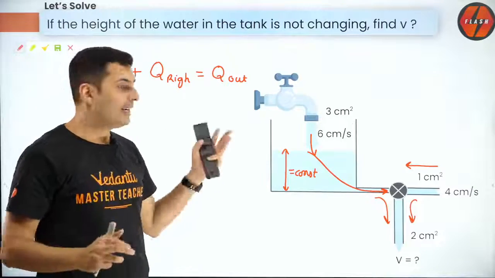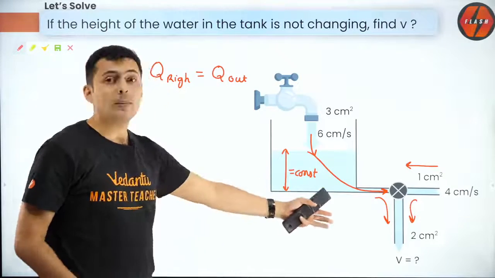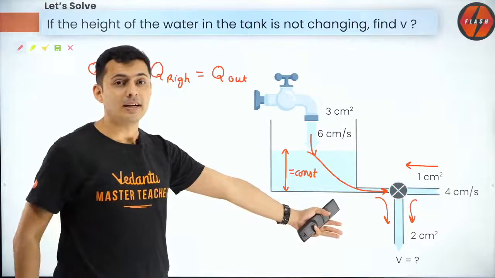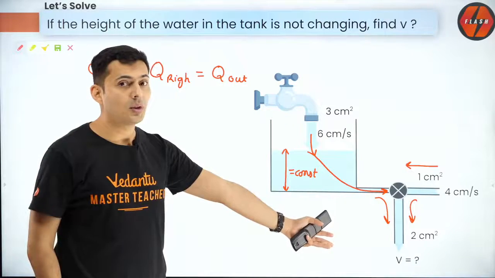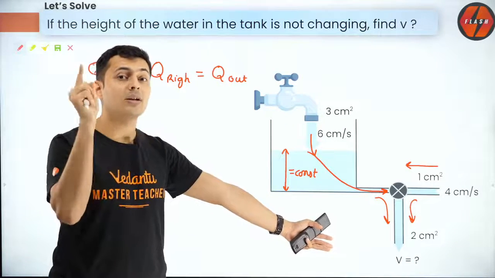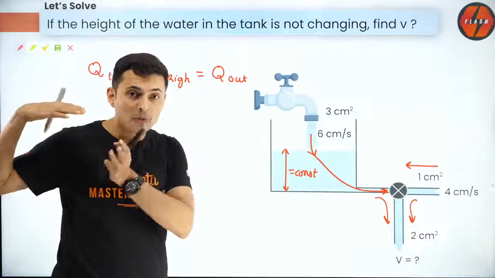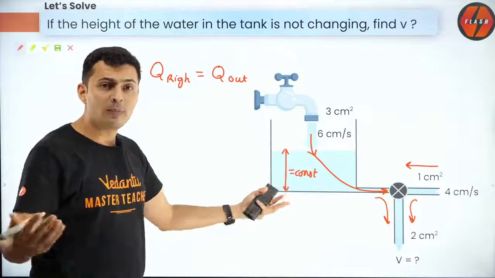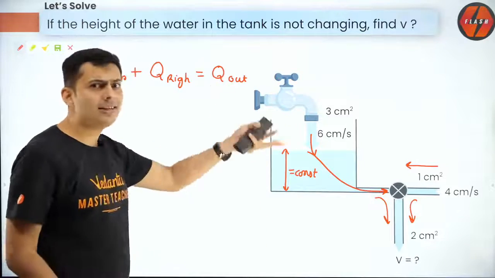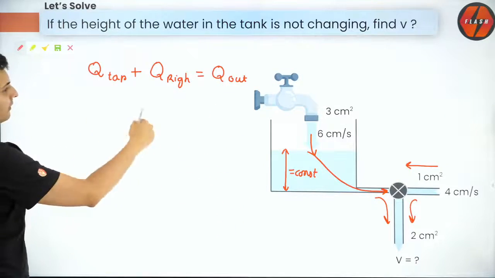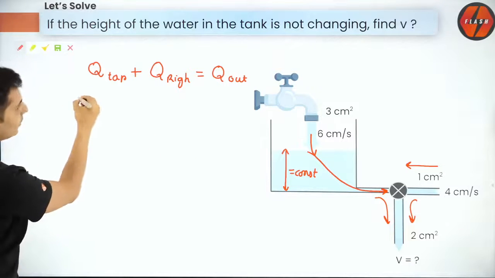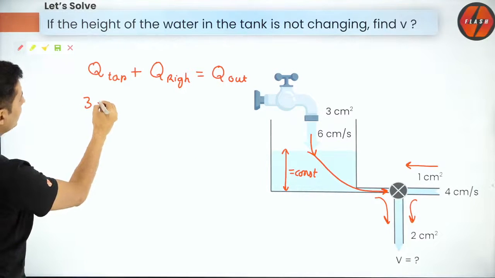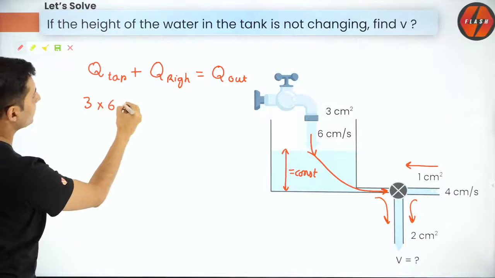So a lot of people might not get how to solve this problem if they have by-hearted the equation of continuity. But I did not make you do that. I first made you understand what is flow rate, and then I told you flow in is equal to flow out. Now, if there are two or more pipes, then the equation will change slightly. That's all. So water coming out from the tap has flow rate of A1 into V1, which is 3 into 6.